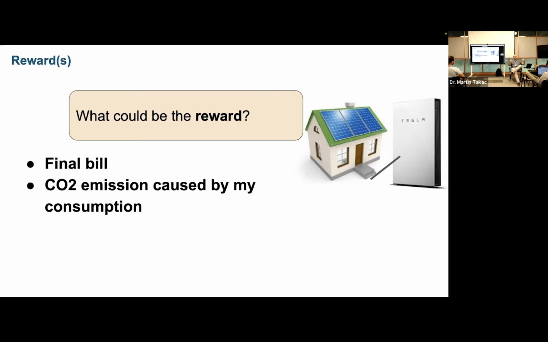I can charge the batteries. So now the optimal policy is different, right? Once you start having incentives, you're changing the reward, not just to be the bill I need to pay to the supplier, but also minus the CO2 emissions or CO2 credits I'm getting.